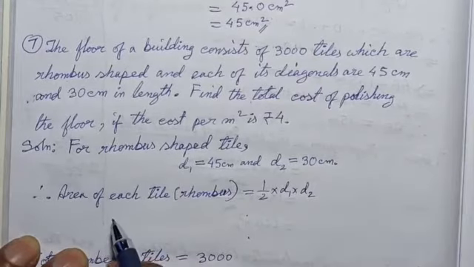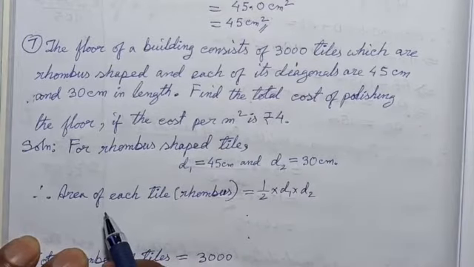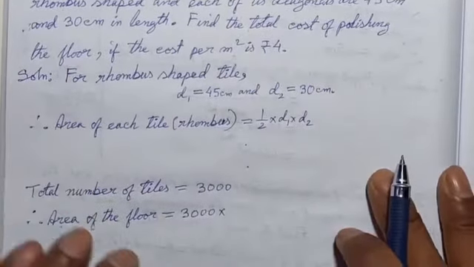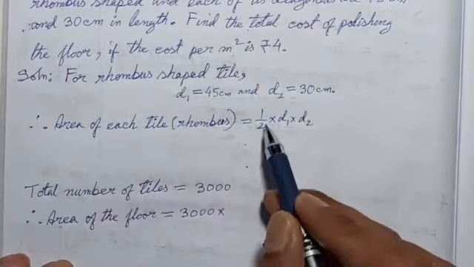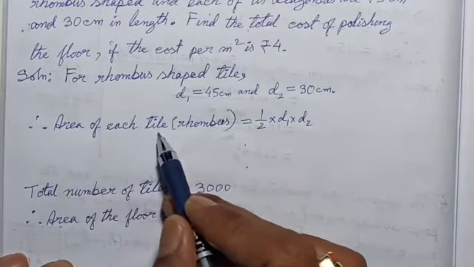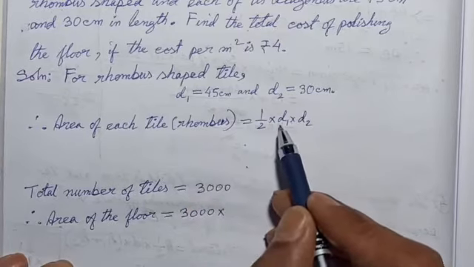Then we have to use the formula to find the area of a rhombus, which is half diagonal 1 into diagonal 2. So the area of each tile is equal to half D1 into D2.